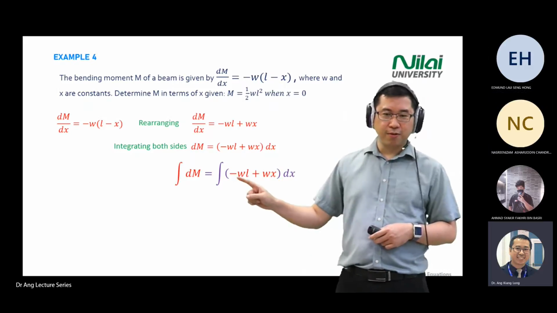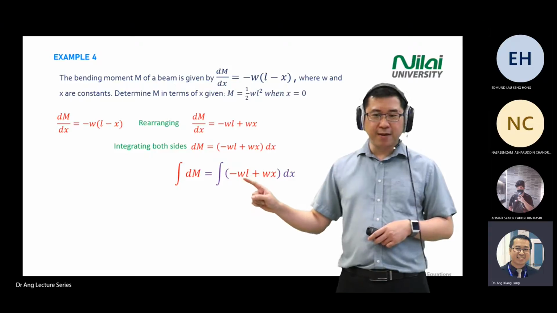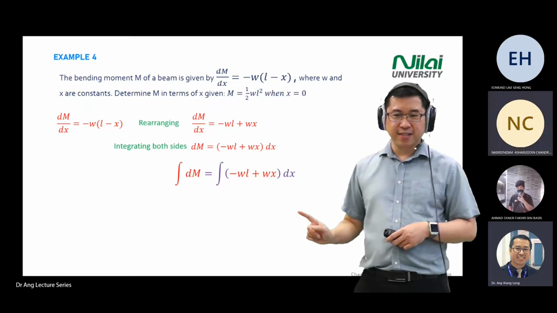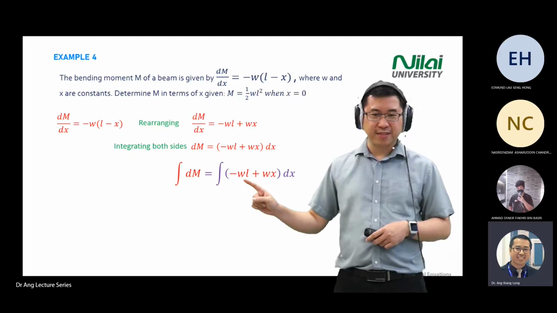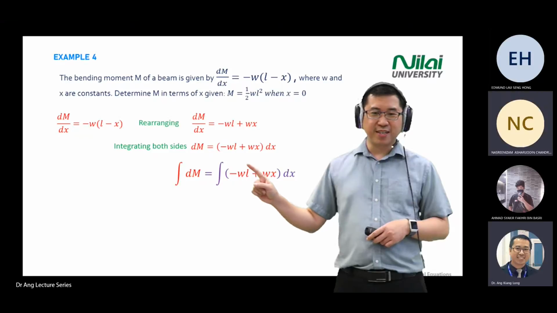So back to here. What do you get if you integrate minus WL dx? Nizam? This is a constant value.